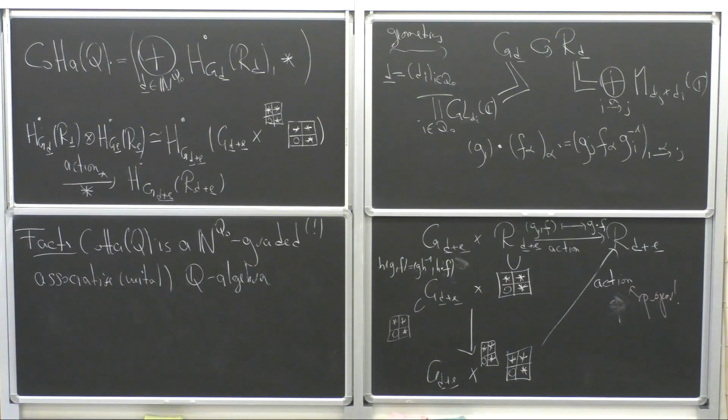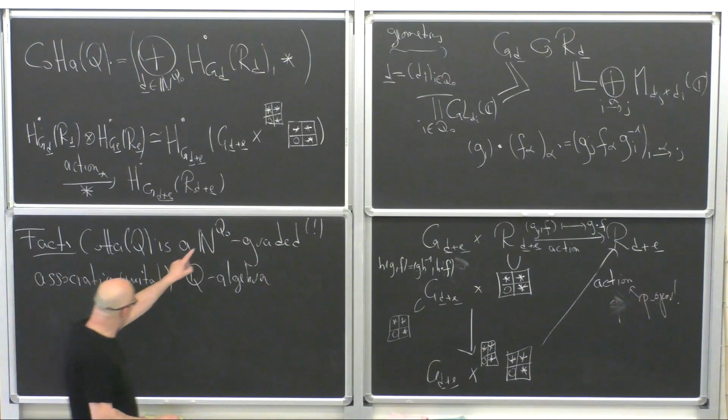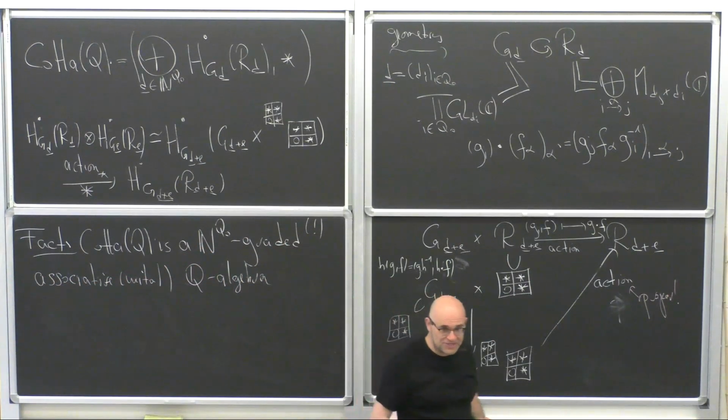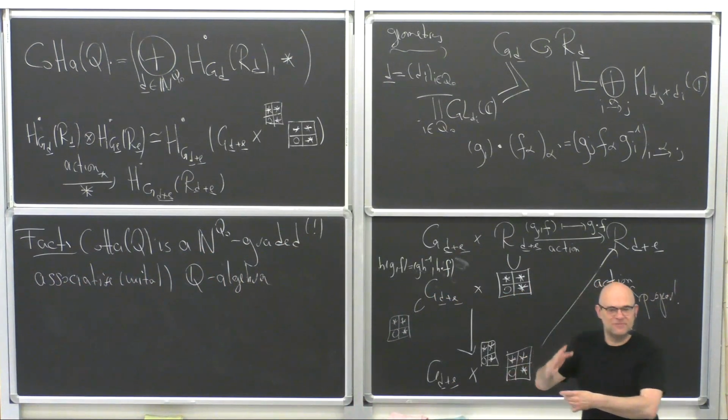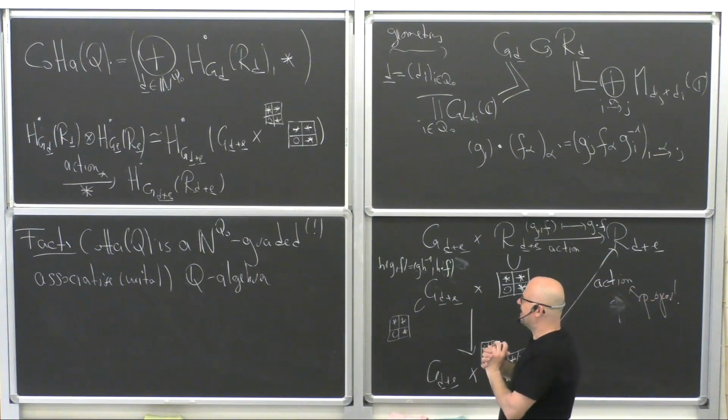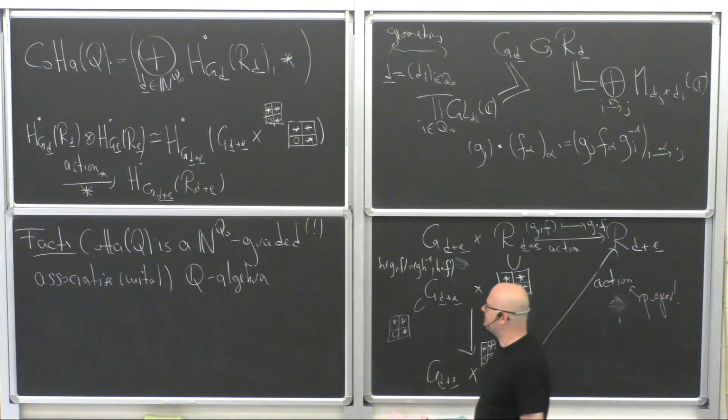It is twisted by the so-called Euler form of the quiver. And this we have to see. So at the moment, it is not graded with respect to cohomology degree, which we will remedy later, but it's just NQ0 graded.